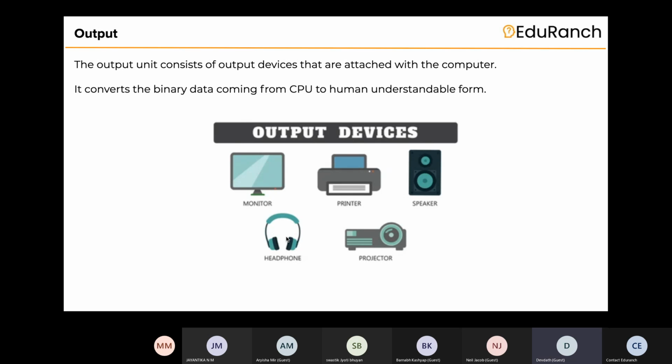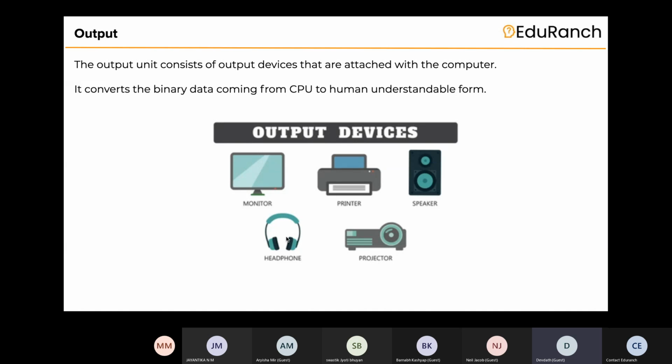So input devices converted the physical form of interactions into what? What did the input devices do? Input devices converted the physical interactions, everything into electrical signals, right? Yes, for the computer to understand.